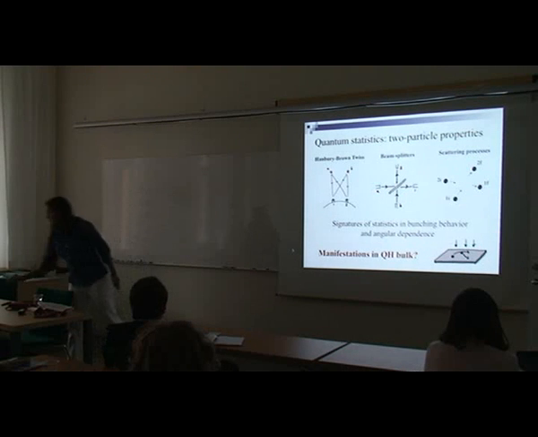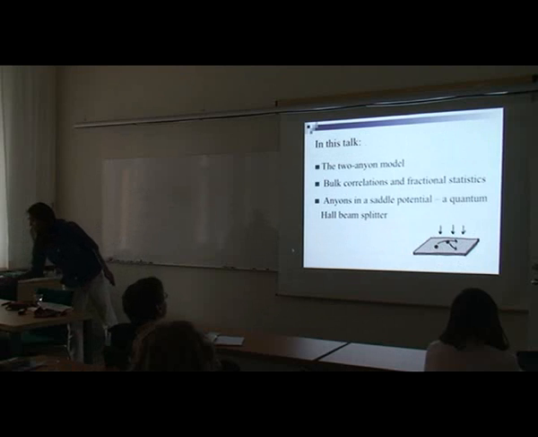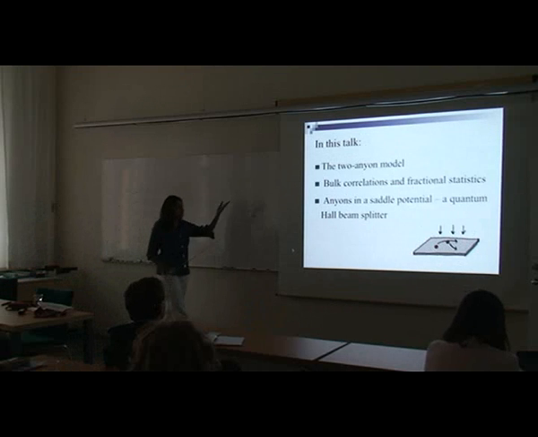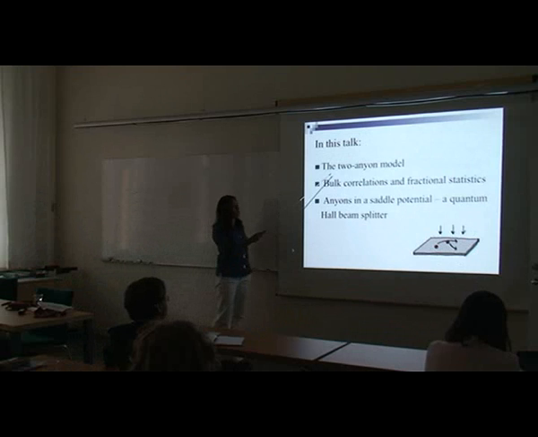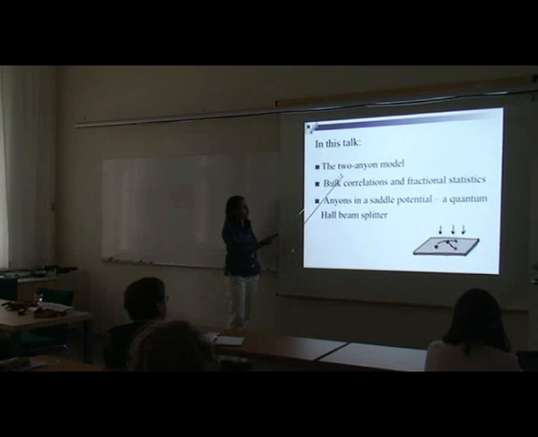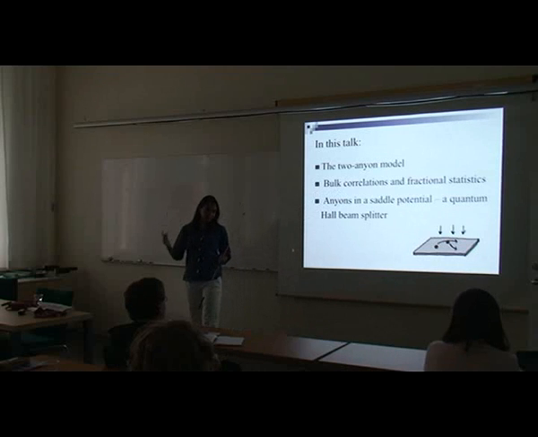Okay, so what I'd like to do towards this end is to first introduce a very simple model. What I'm doing here is actually very simple. It's just a system of two anyons in the lowest Landau level, and asking what the physics of these two anyons is. In fact, this is something that's been studied quite a bit by people here.